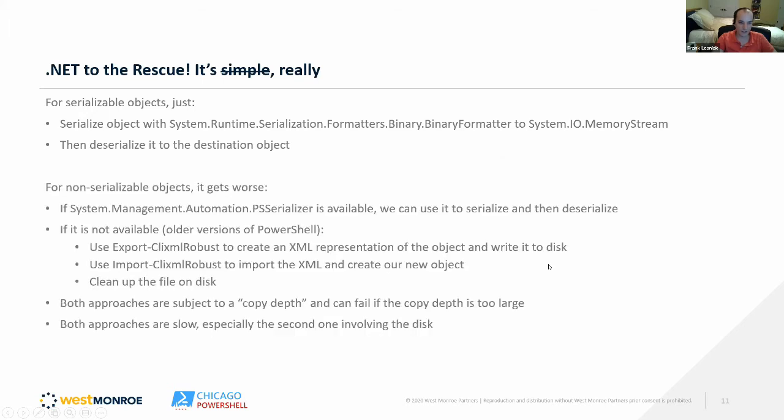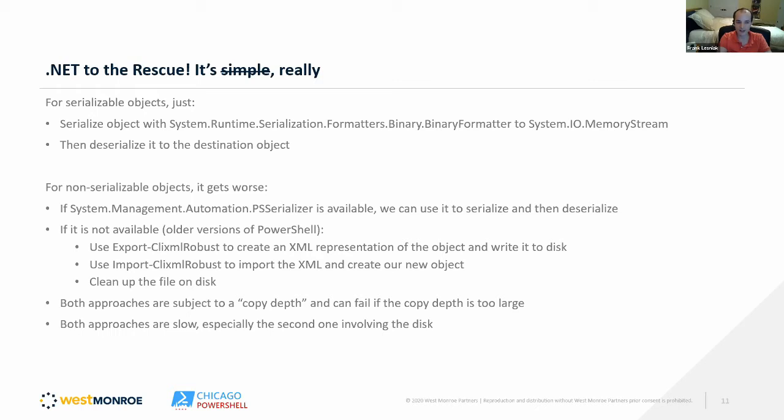That's great for serializable objects, but there are also what's called non-serializable objects, and that's where things get a little more interesting, and certainly more confusing. So here's where, depending on the version of PowerShell you're running, you need to determine if the PS serializer object is available, and if it is, then you can use it to serialize a non-serializable object.